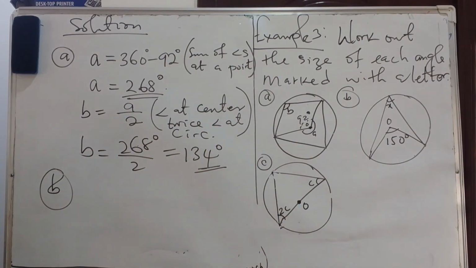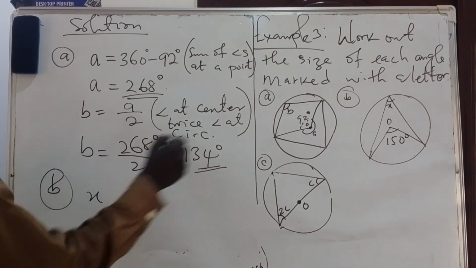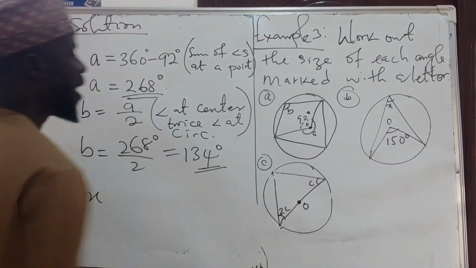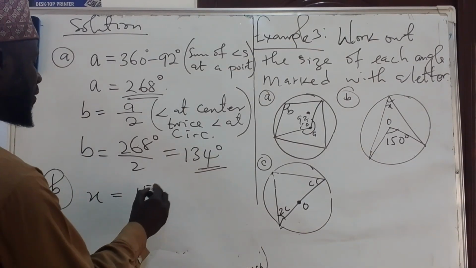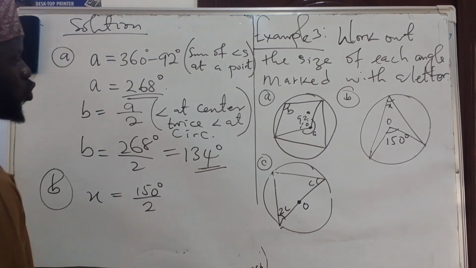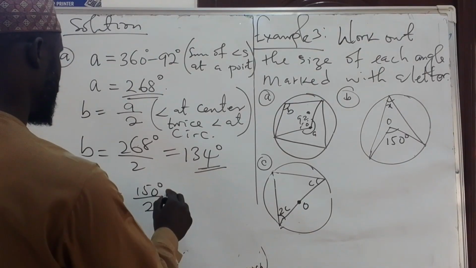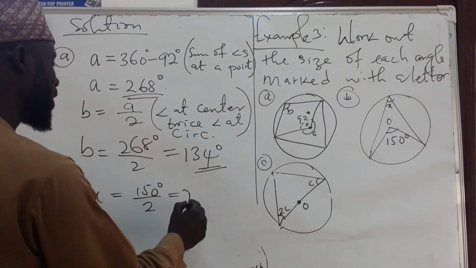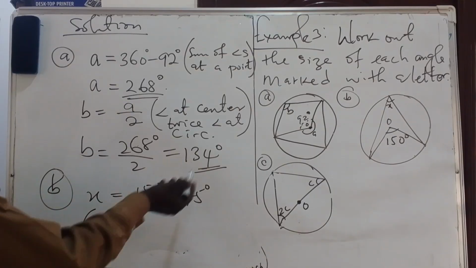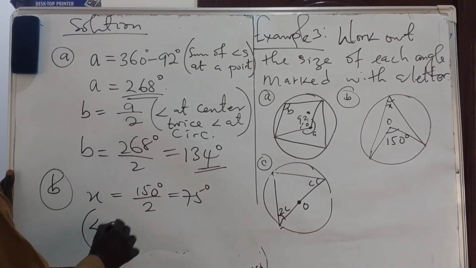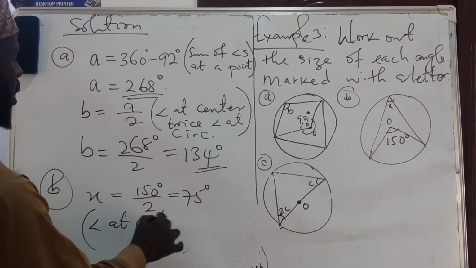So meaning x is half of whatever angle that is here. So x is equal to 150 degrees divided by 2, and that is equal to 75 degrees. Why? We have to state the reason: angle at center twice angle at circumference.